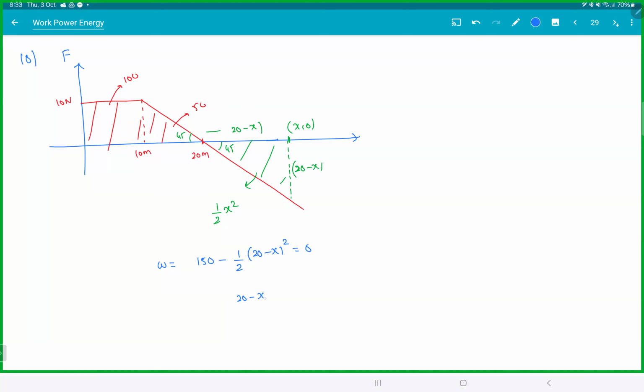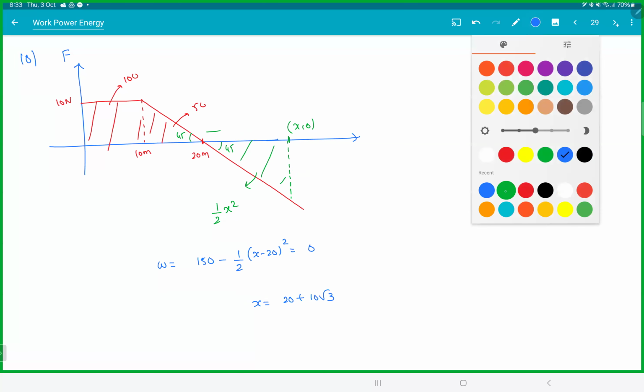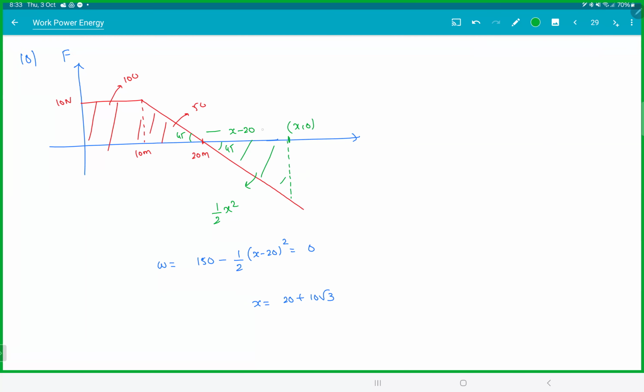Then we get 20 minus x is equal to 10 root 3. x minus 20. x is greater than 20 now. Easy?